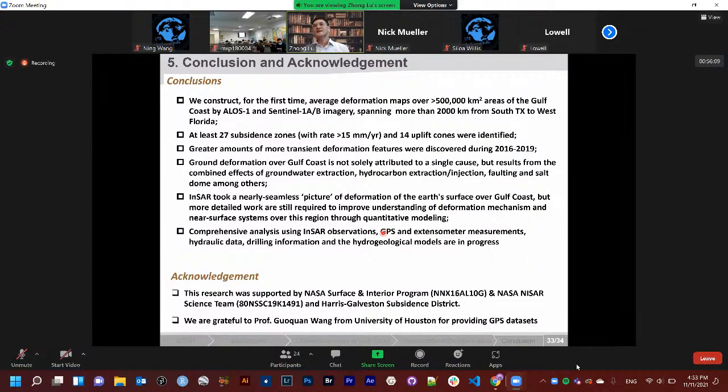So that concludes my talk. We constructed for the first time a deformation map over half a million square kilometers of the Gulf Coast area using these two major data sets. We identified many subsidence zones and many active faults, and a lot of deformation transients can be revealed by the sensing data.